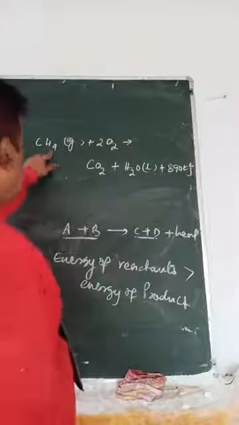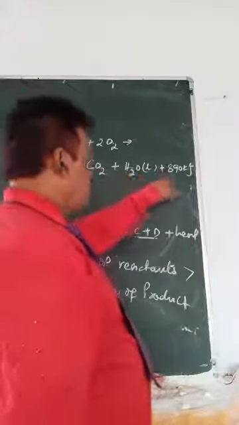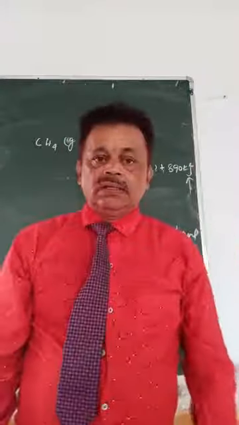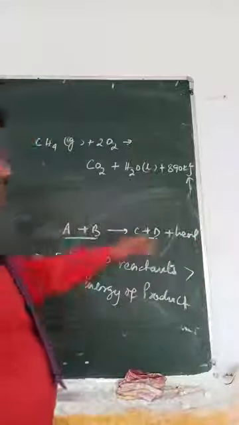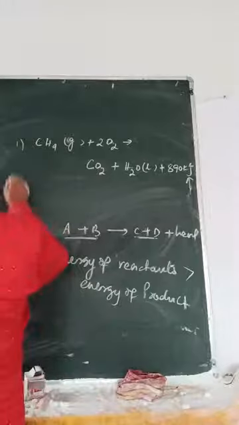So when methane reacts with oxygen, you get carbon dioxide plus water plus heat. It is evolved, you can write like this, 890 kilojoules of energy is produced.